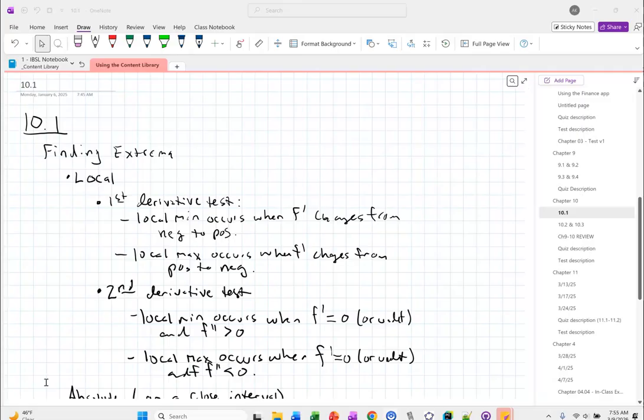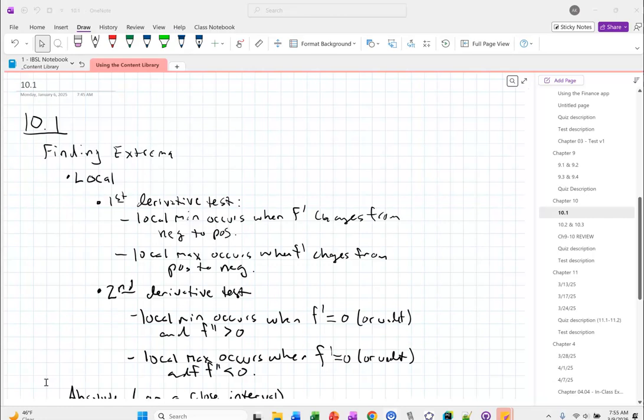No. If I have arrows going up and down at both ends of my graph, there is no absolute maximum or minimum, because there's always another higher point, since you can go to infinity, right? So we're going to talk about how to find these, and the technique differs just slightly. Let's start with locals.